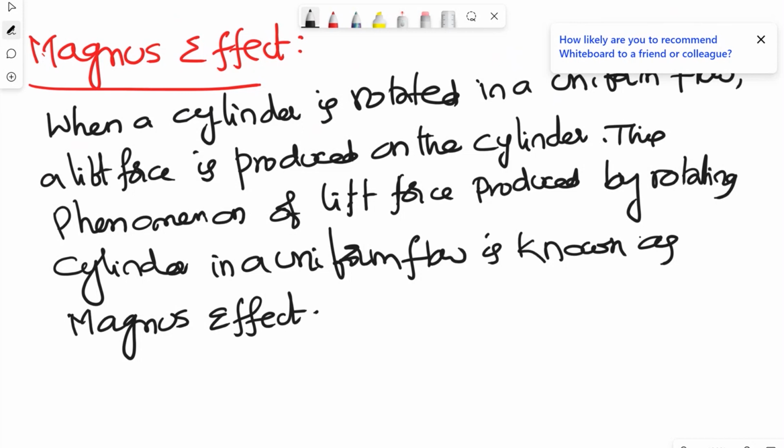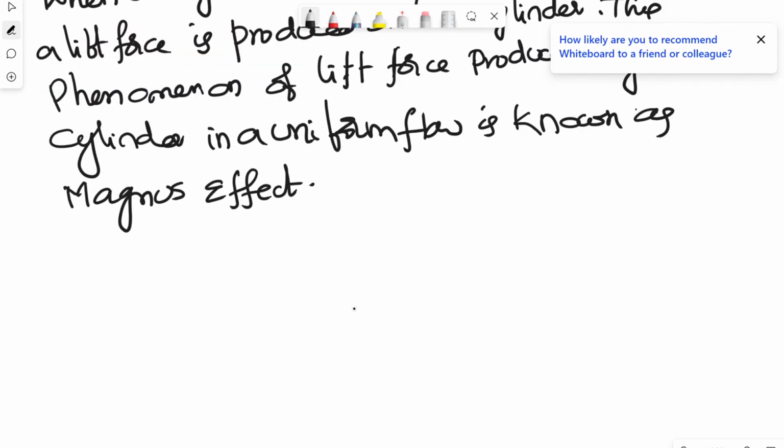So this is one of the important things. For example, if I take this cylinder, what will happen? Now this is S1, S2, they are called separation points.